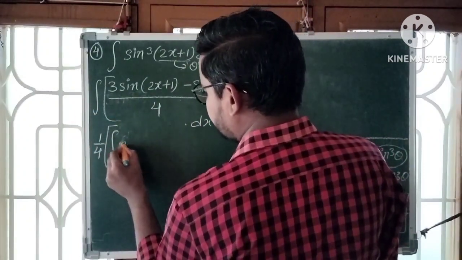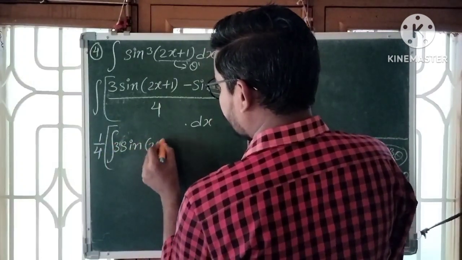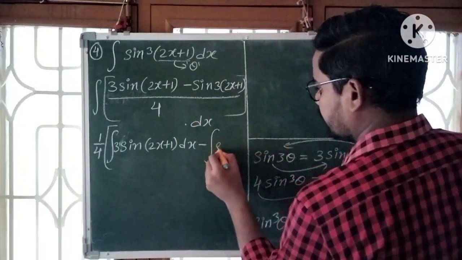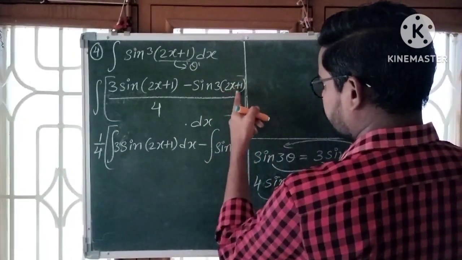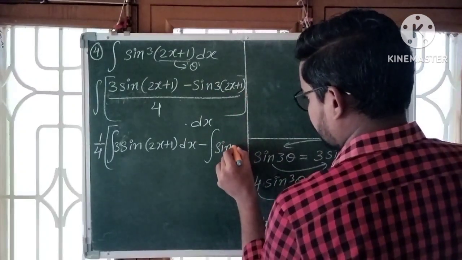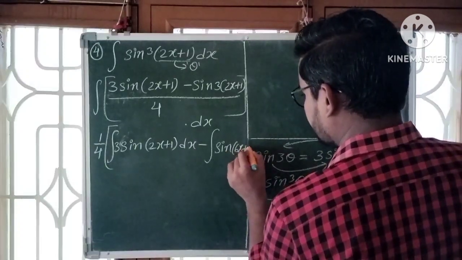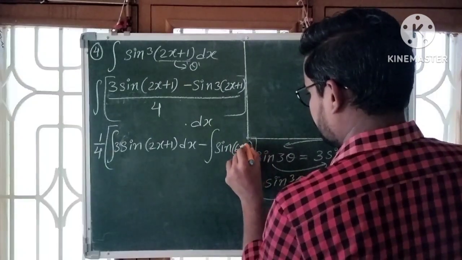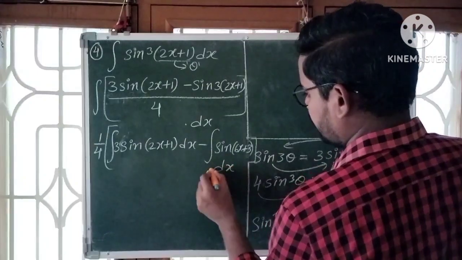Then you will get integral of 3 sine (2x plus 1) dx minus integral of sine (3 into (2x plus 1)), that is sine (6x plus 3), dx.